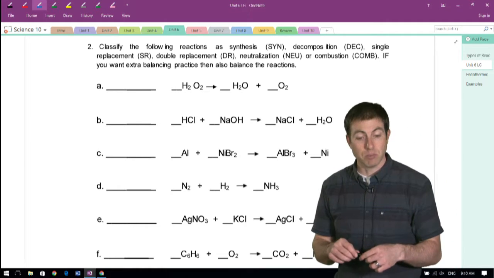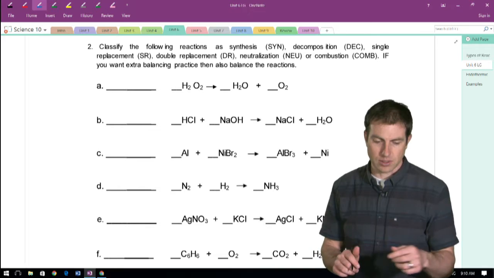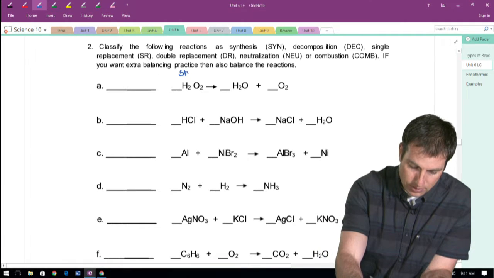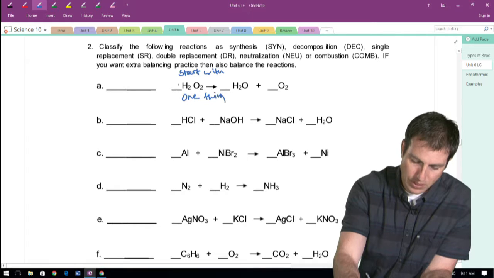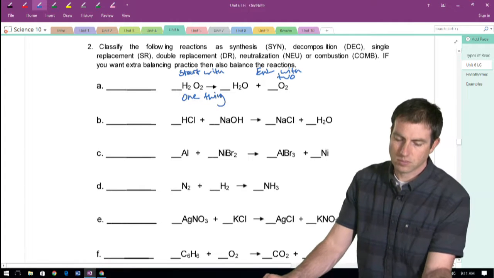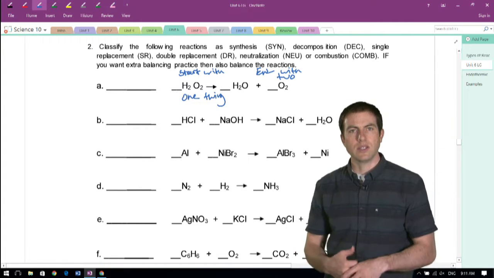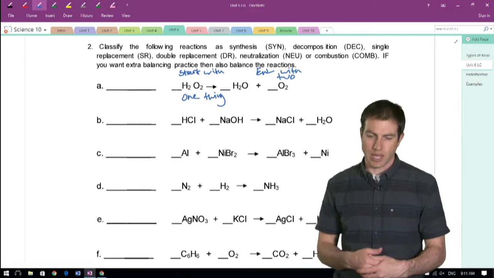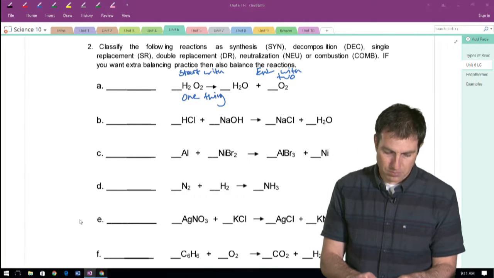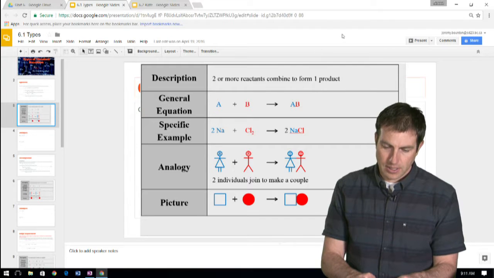Hydrogen peroxide is going to break down into 2 different things. So the idea here is I'm starting with one thing, and then I end with 2. So when I look at the different types of reactions that I had from last class, I guess I could jump back into that presentation I had.